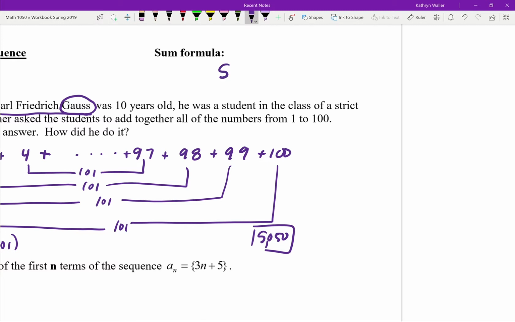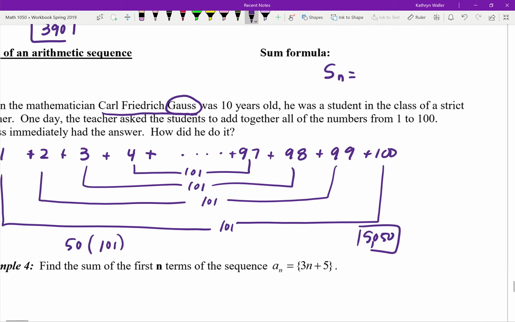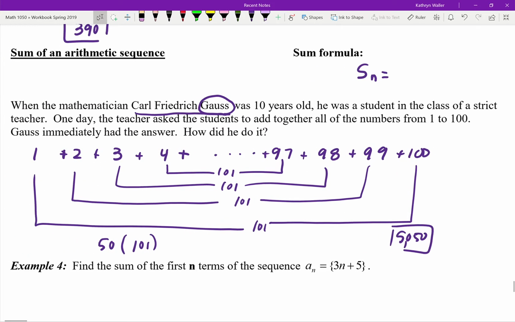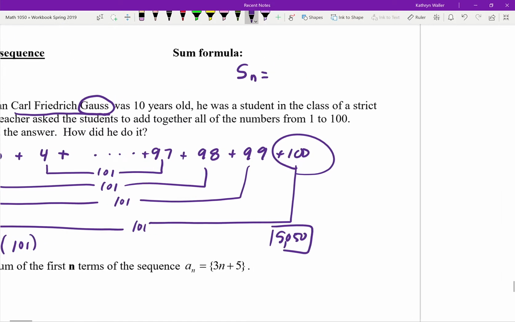Okay. So let's come up with a formula of what that little kid did. So everybody go S sub n. S sub n stands for the sum of the first n terms, whatever n is. Okay. So what he did is he took 1 and he added it to 101. So that's the first term added to the last term. What's the symbolism for the first term?